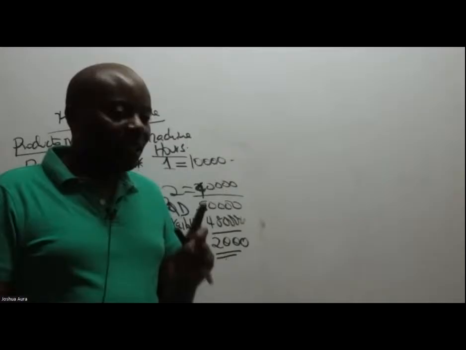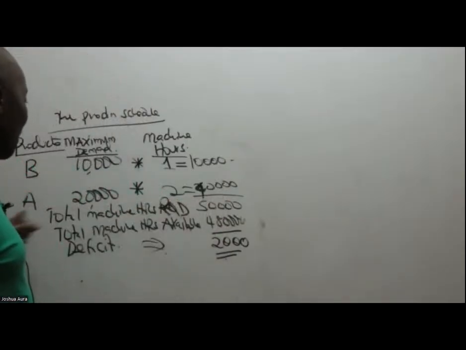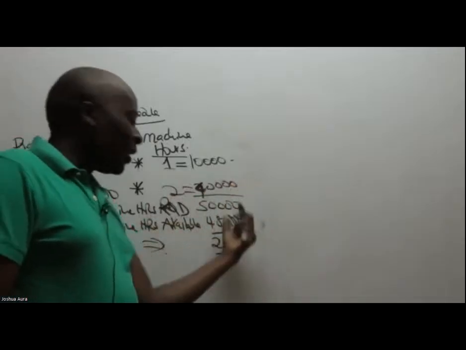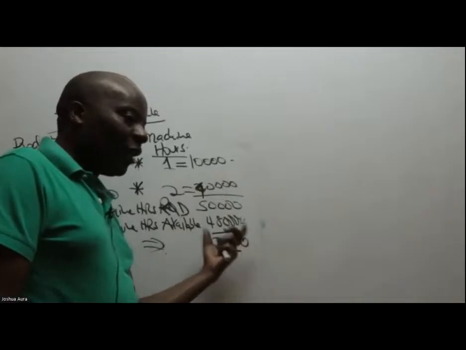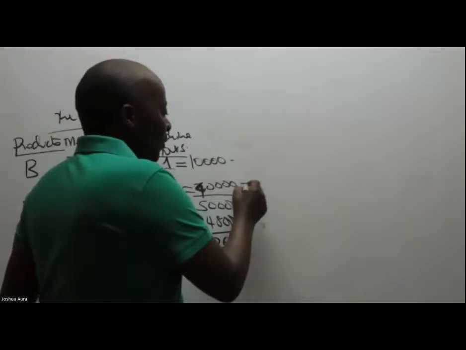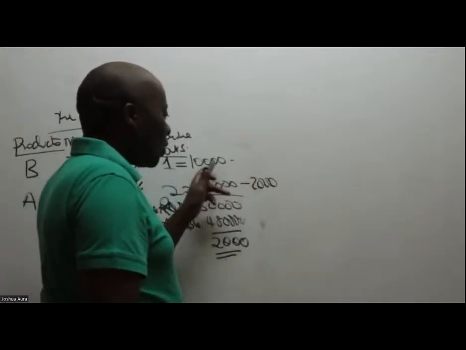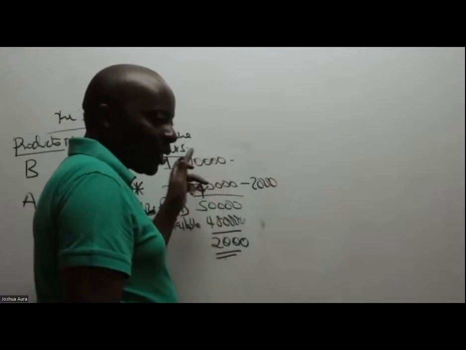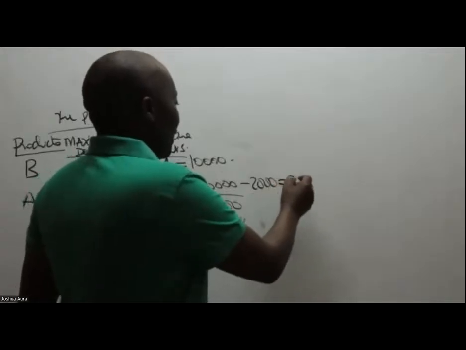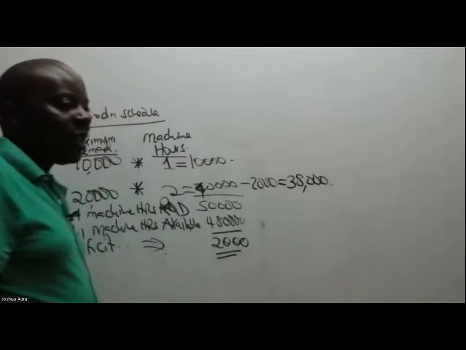The least ranked here is product A. So this is where I will snatch the deficit resources, and fortunately all of them can fit here. I will not touch the resources of product B, which was ranked best. So I say minus 2,000, which gives me 38,000.